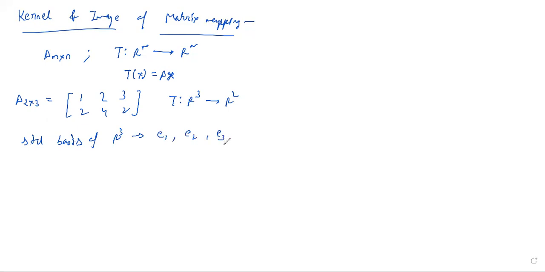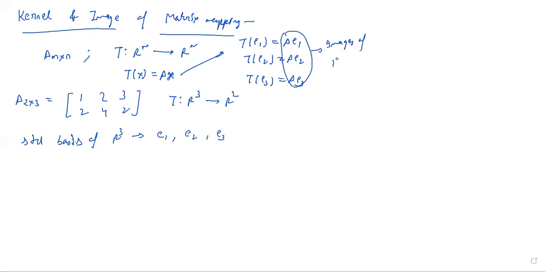I want to find the images of these basis vectors. The image of E1 would be T of E1, that will be A E1. Similarly, T of E2 equals A E2, and T of E3 equals A E3. So these are the corresponding images of these basis vectors.